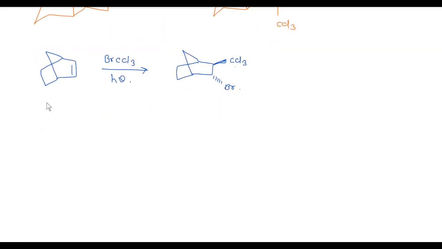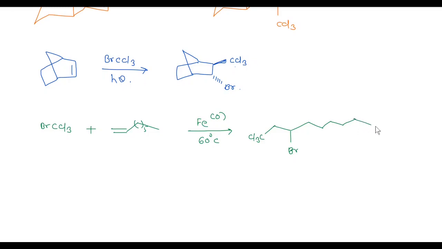The addition of bromotrichloromethane to terminal alkenes occurs effectively when catalyzed by Fe(0), which acts as an initiator by one electron reduction, and we get this as a product in 96% yield.